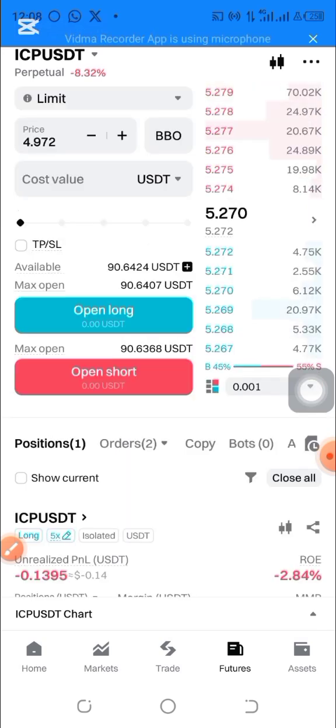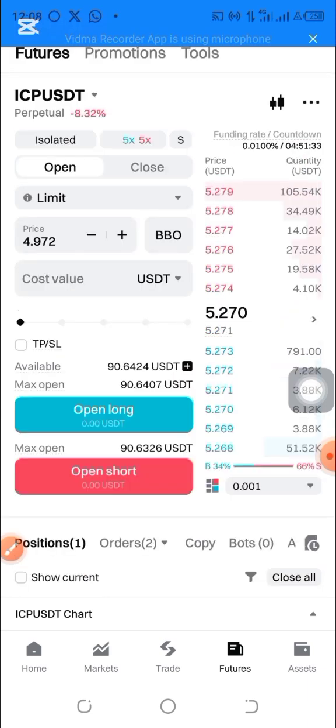I only plan to dollar cost average in case the market goes against my predicted direction. That is why I split my $15 into 3 different places. But if the market goes in my preferred direction, that means I don't have to spend the next $5 and the third $5. So that is what dollar cost averaging is all about.